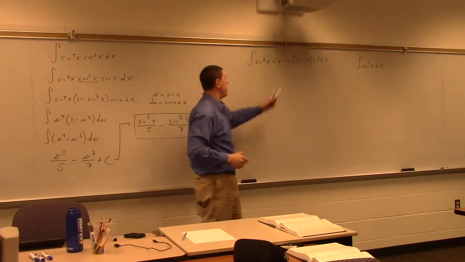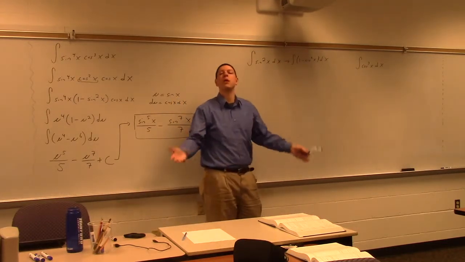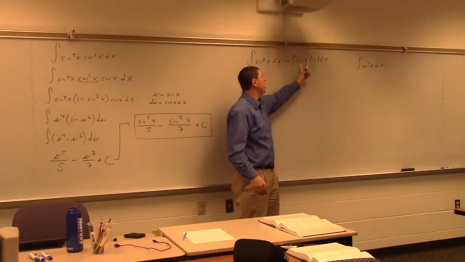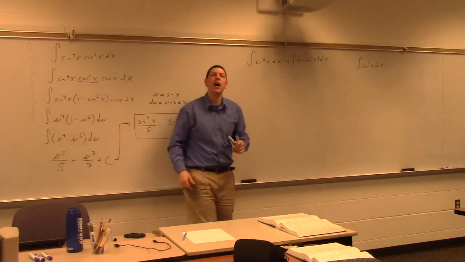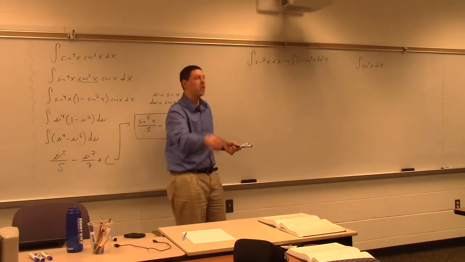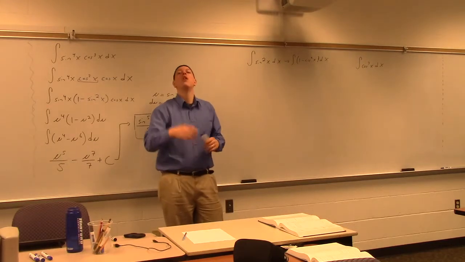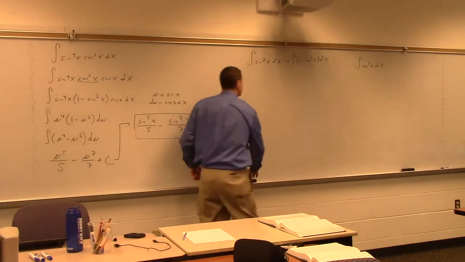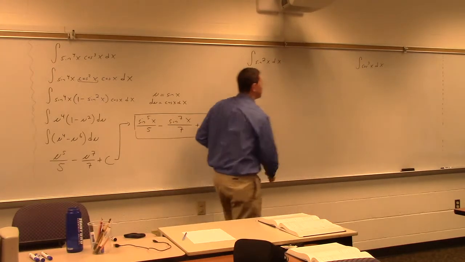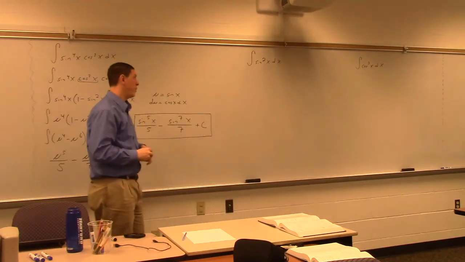Now the 1 is very easy to integrate. That just becomes x. However, cos squared leads us into the same problem of sine squared. We'd have to use another Pythagorean identity, which would actually just get it back to the original integral. So unfortunately, in this example, the Pythagorean identity is not the way to go with this one.